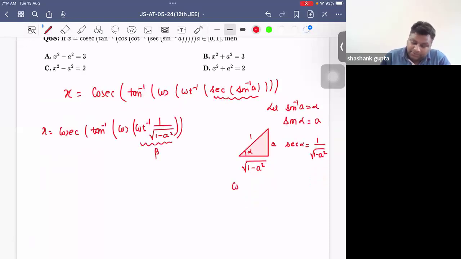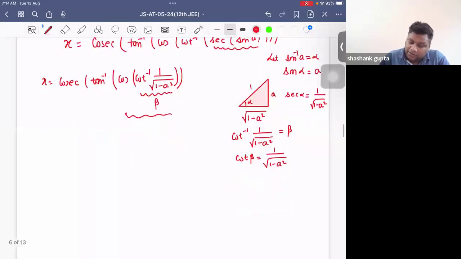That means cot inverse 1 upon under root of 1 minus a square is beta. So cot beta is what? 1 upon under root of 1 minus a square. From this cot beta, what are you looking for? Cos beta.